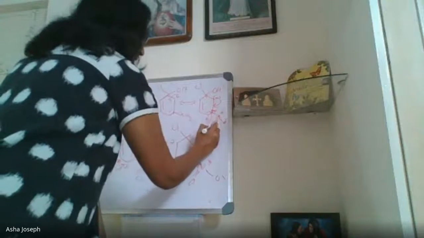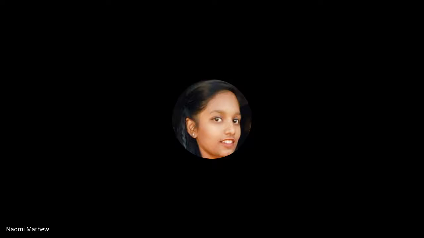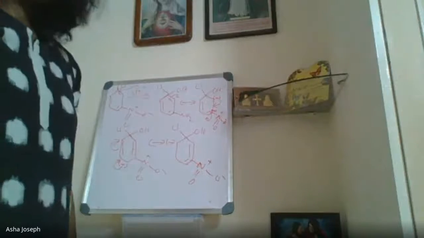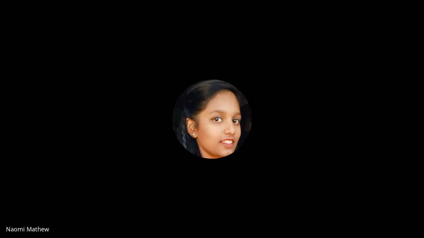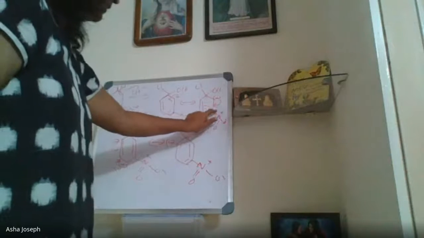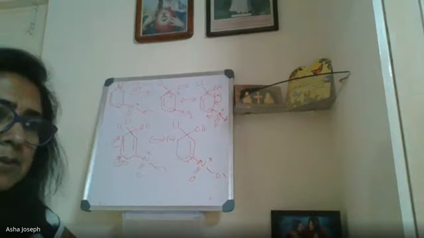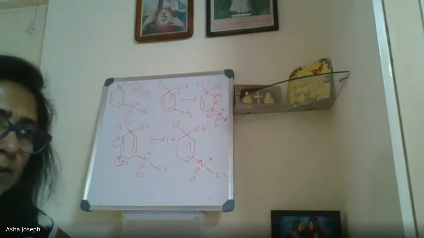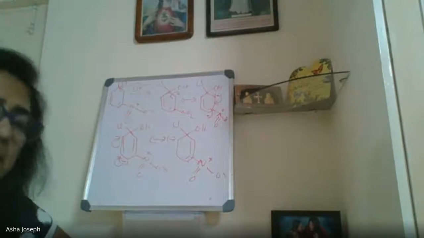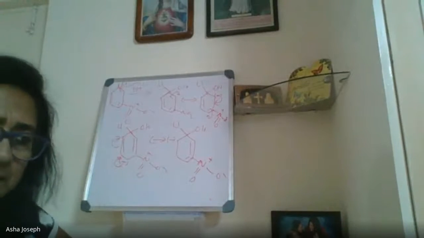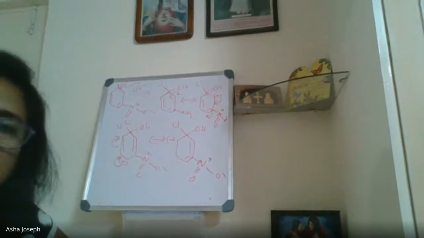It is not coming, na? Negative charge should come here, then only it will withdraw. So the negative charges only come at the ortho and para position. That is why the question is that NO2 groups at ortho and para position, then only the reaction will take place at milder condition. That is the question.